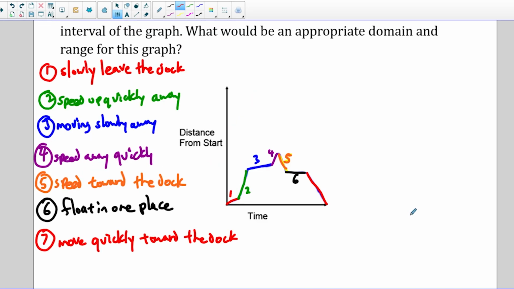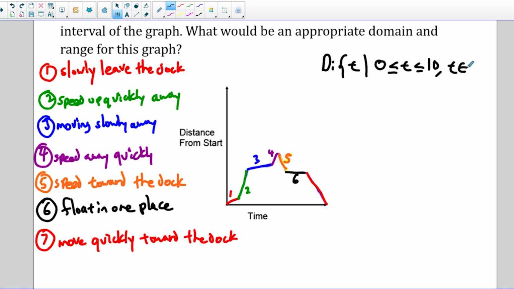Now, since we don't have any numbers for your time and your distance from the start, something that would be pretty reasonable, let's say, for example, if we're looking at your time, that would represent our domain in this case. Perhaps a reasonable domain would be everything, and let's use t as our variable, a set of all t values such that we are going to go from 0 minutes, maybe, up until maybe 10.